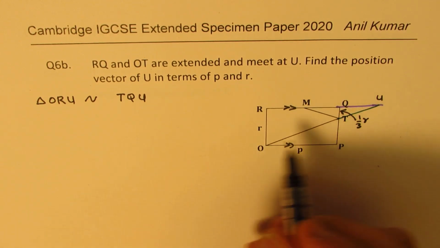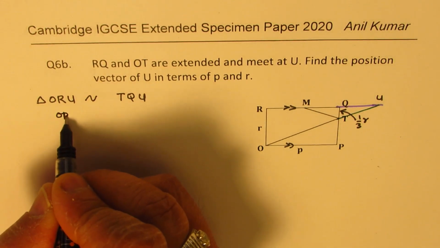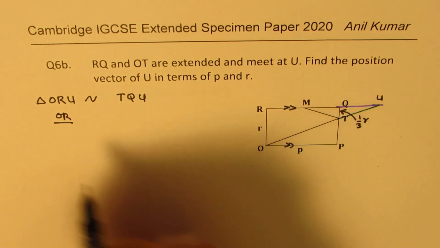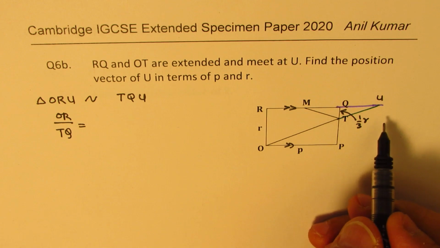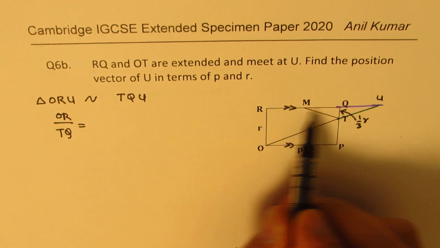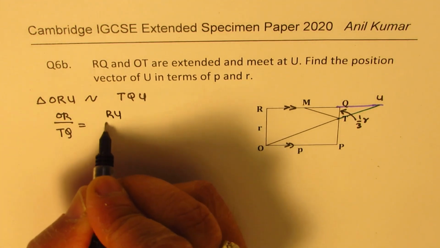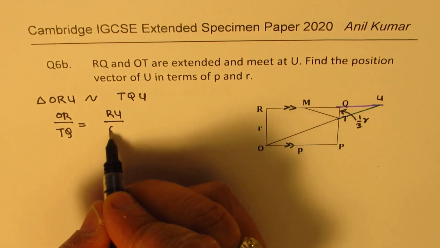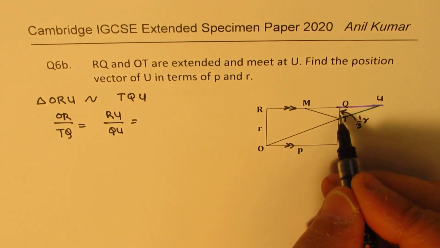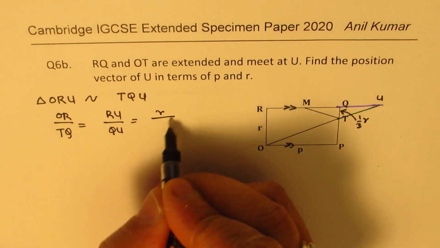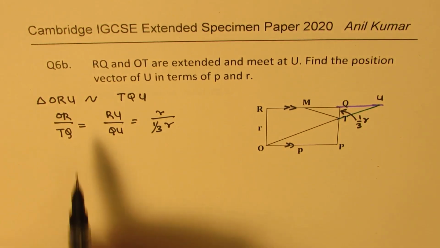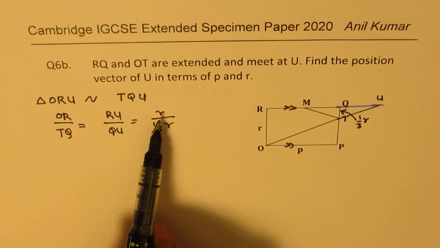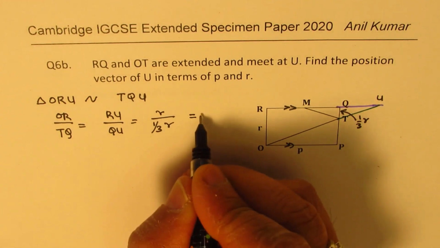So that means the ratio of sides are proportional. So we have a scale factor. So OR over TQ should be equal to the bigger length RU over the smaller length QU, and that should be equal to this ratio, which is r over 1/3 of r, right? So basically we have the ratio is equal to 3, right?